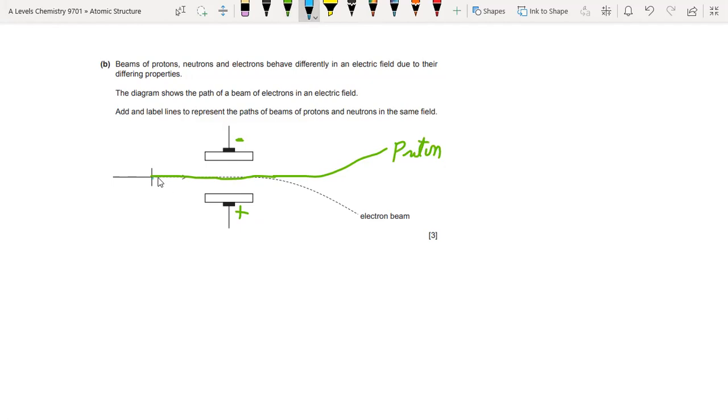Neutron remains unaffected by the positive as well as negative charges of the electrical field. This is the neutron. Okay.